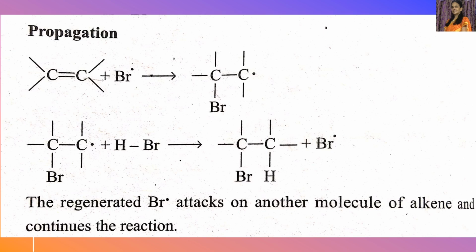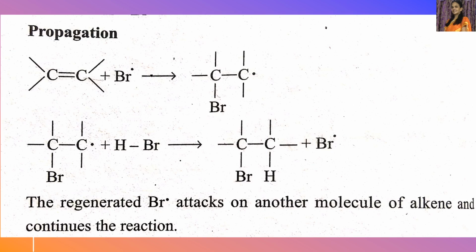It utilizes one electron from this pi bond to form a bond with one of the carbon atoms. See, here a bond is formed between the carbon and bromine, and the next carbon will have the rest of the electron. You can see a carbon free radical is produced here. Carbon with an odd or unpaired electron is a carbon free radical, so an alkyl free radical is produced here.